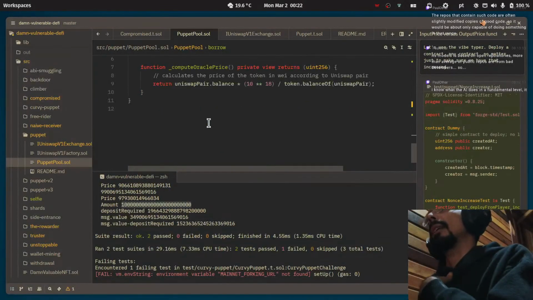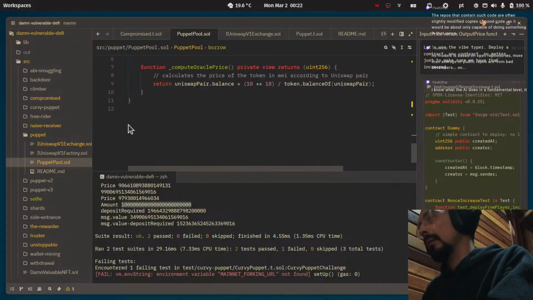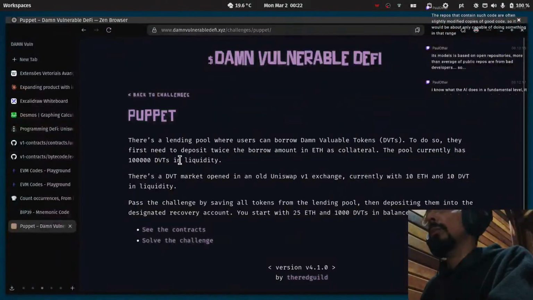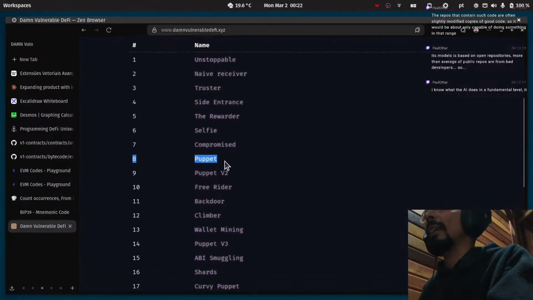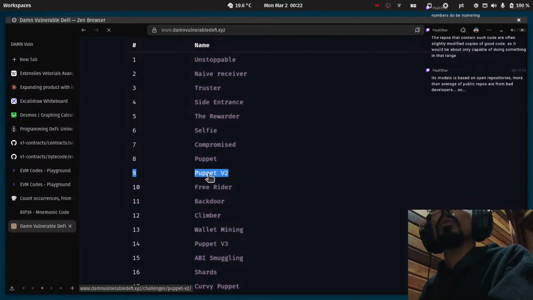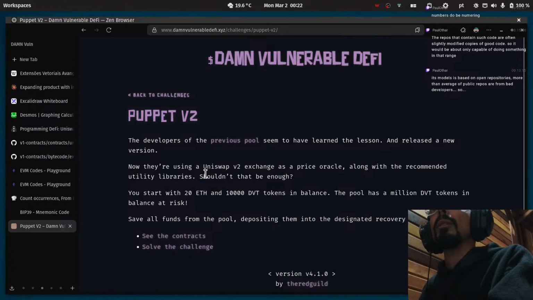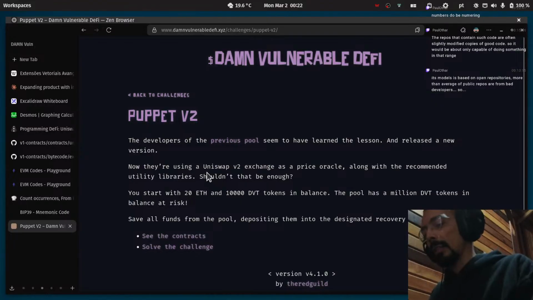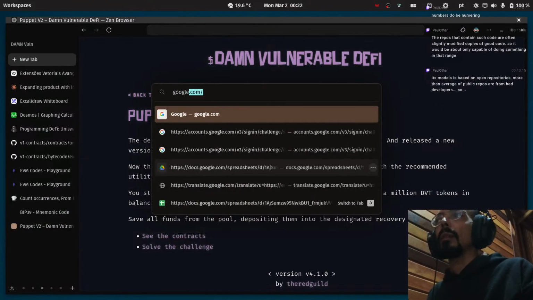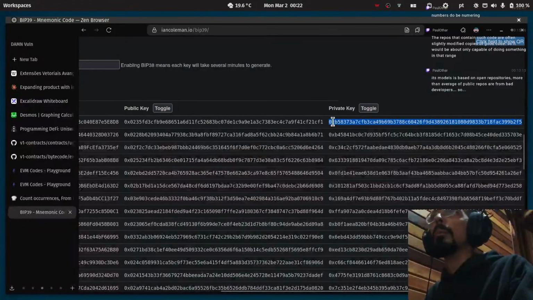Now you are satisfied. And the next one for another day should be the Puppet V2. So we are in the 8. Numbers do be numbering. I need to translate this. Normally I have my private key.